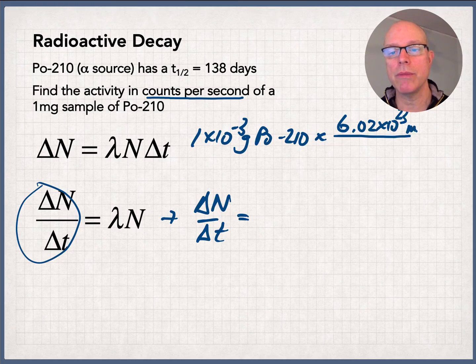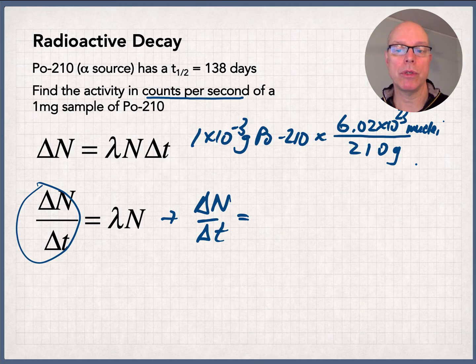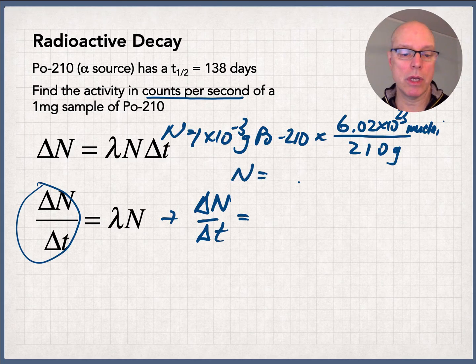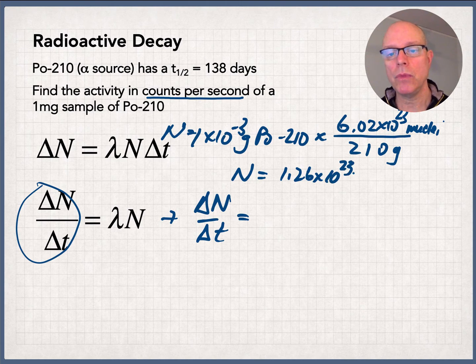So that's 6 times 10 to the 23rd nuclei inside of 210 grams of polonium-210, right? So I use that to get the number of nuclei. So easy enough. So the number of nuclei turns out to be 1.26 times 10 to the 23 nuclei in my sample. Okay?